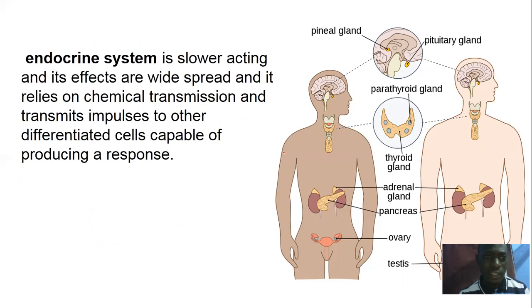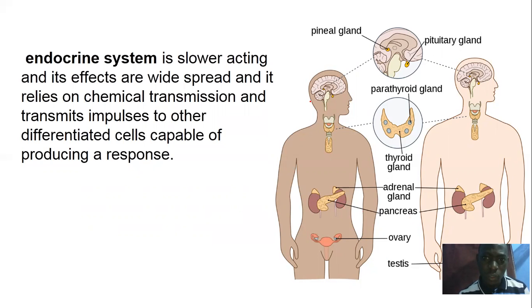Now, the endocrine system is slower, and in this video, I'm not going to expound more on it, but it's just made up of glands, where we have glands in different parts of our bodies. So we have glands in the brain, we have glands in the neck, we have glands on the heart, we have glands on the kidneys, the pancreas, the ovaries or testes if you are male. And we must know that it is so slow. It is slow acting, and its effects are widespread.